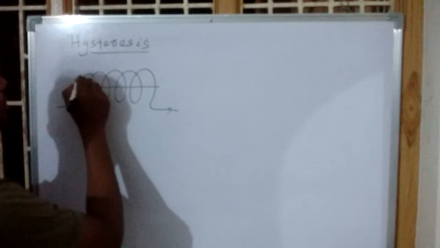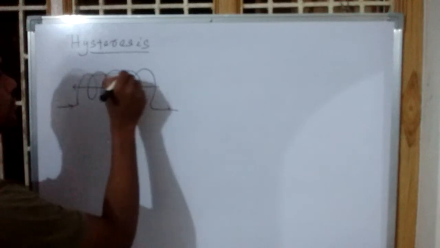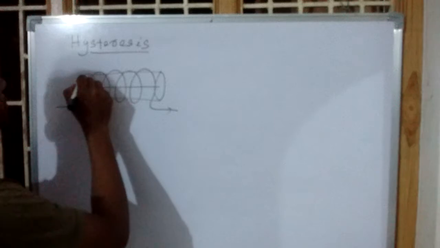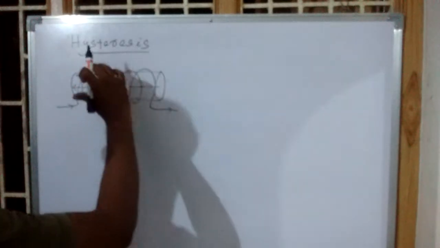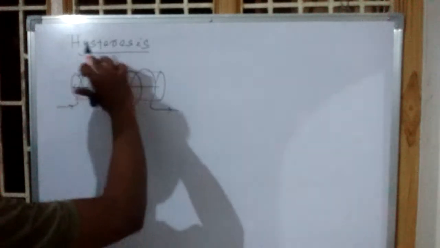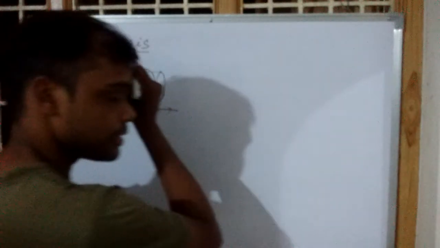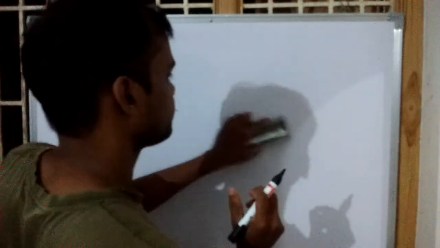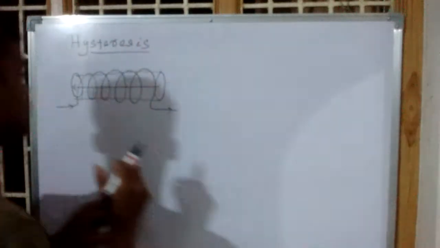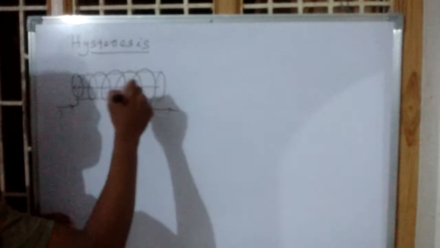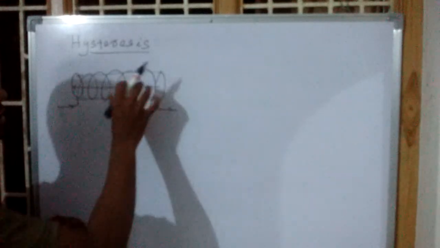So suppose the iron is inserted like this and the coil is wound around that iron core. Now let us study the effect of this current on the magnetization of this iron core.